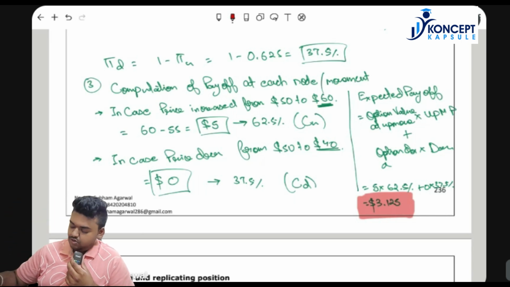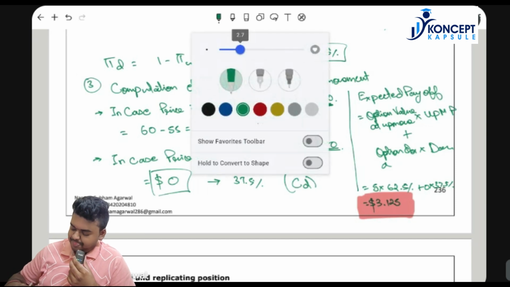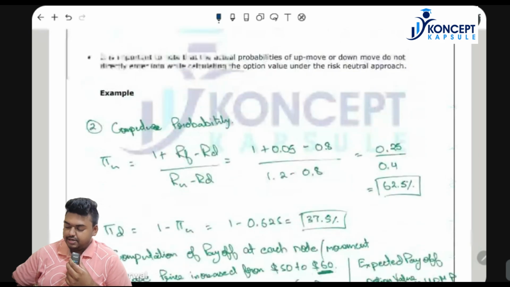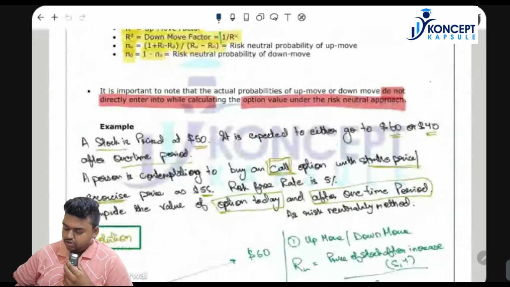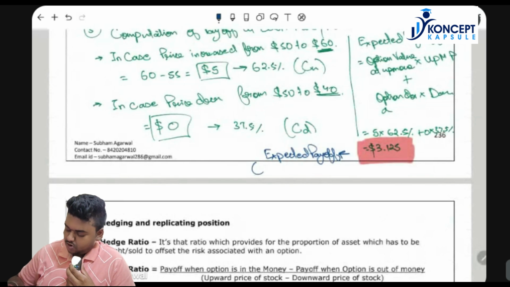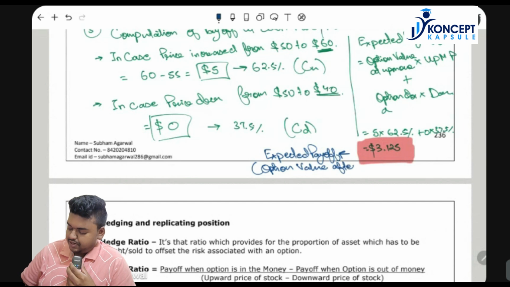So this is also known as expected payoff, and to your surprise, it is also known as option value after one period. So this is the value of the option after one period.